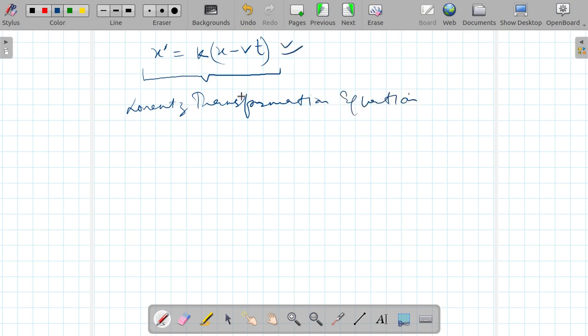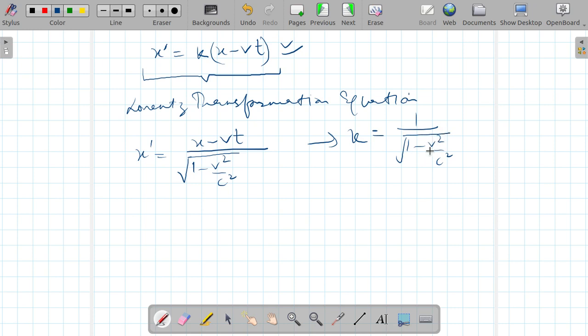So using this idea, Lorentz got the following equations, that x prime must be equal to x minus vt over square root of 1 minus v square over c square. Thus, this k comes out to be equal to 1 over square root of 1 minus v square over c square. That's the constant. And this does not affect the motion along y and z if motion is along x-axis of the moving frame, but it will affect the time.